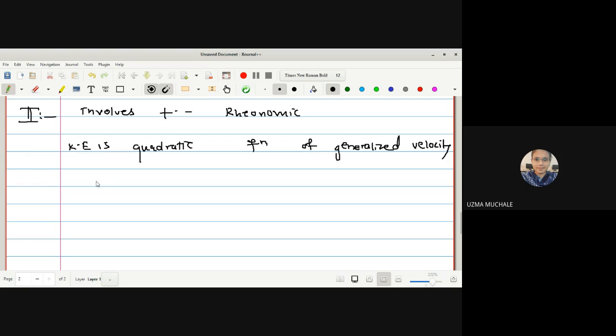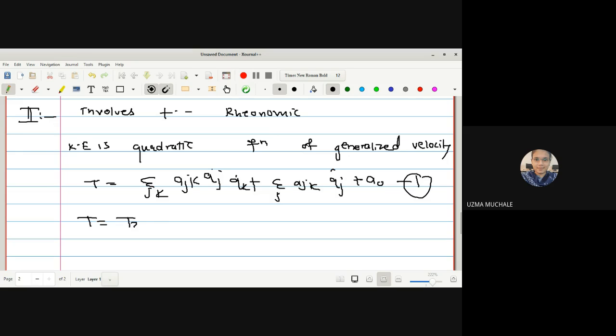So here we know that T is equal to the summation over j and k of a_jk qj dot qk dot, plus the summation over j of a_j qj dot, plus the last term a naught, which is equation number 1 for this part. Okay, T equal to, if you remember, we have written this as T2 plus T1 plus T naught.